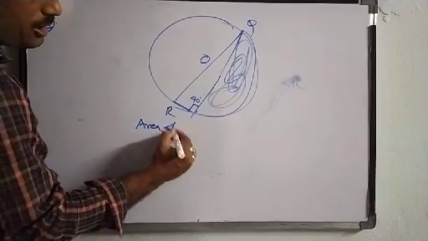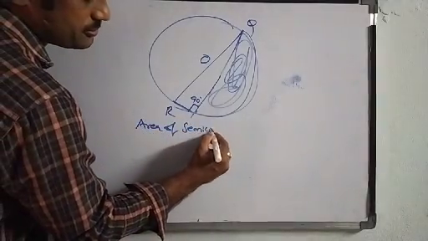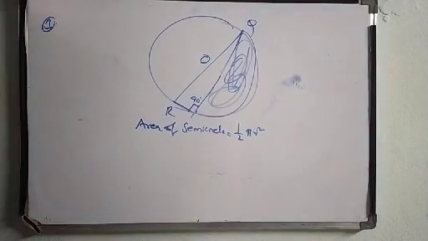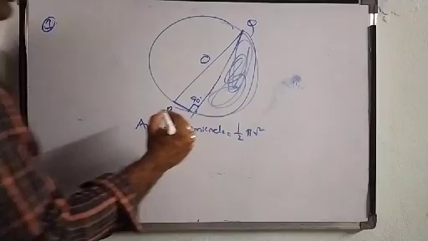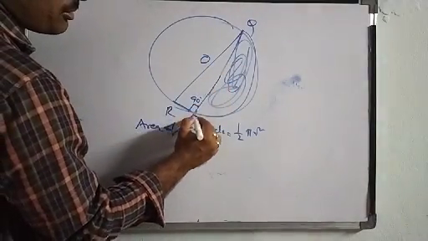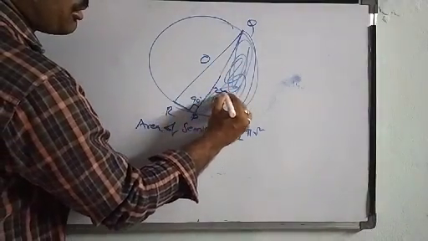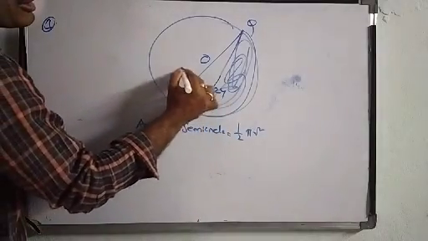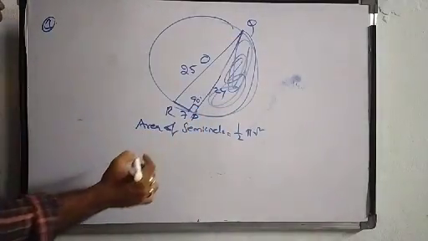So area of semicircle is half pi r square, and here PQ is 24, PR is 7. So by Pythagorean triplet 7, 24, it will be 25 total.